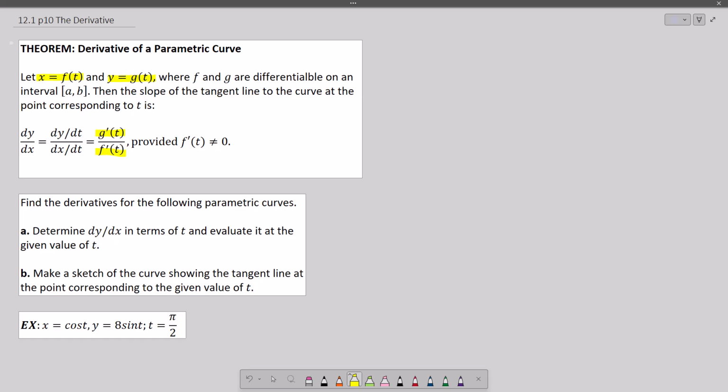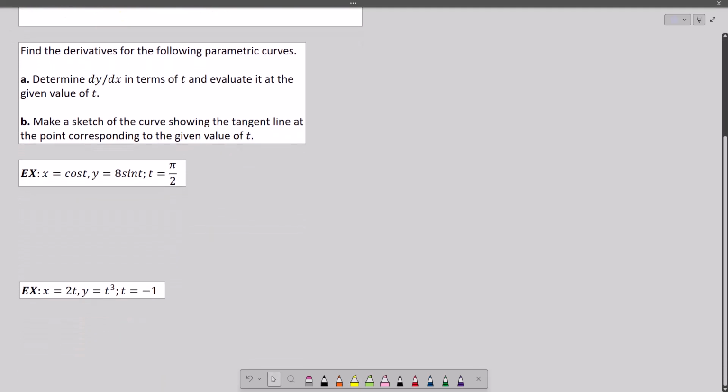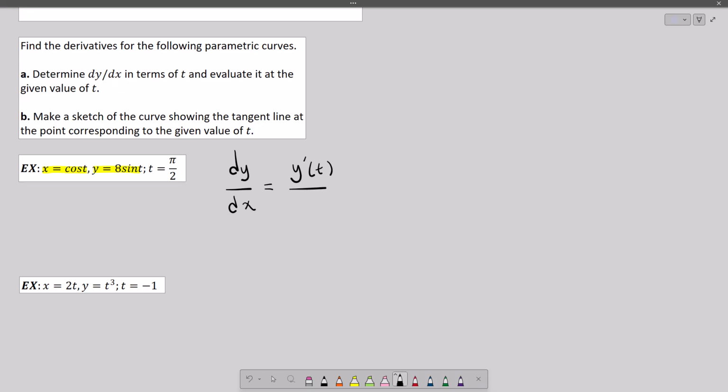So not too crazy. Y over x. Now y and x are both functions of t, so we do dy dt and dx dt. So here are some parametric curves. All right, we've got our x, we've got our y. So the derivative, which we still represent dy dx, that is going to be y prime of t divided by x prime of t.